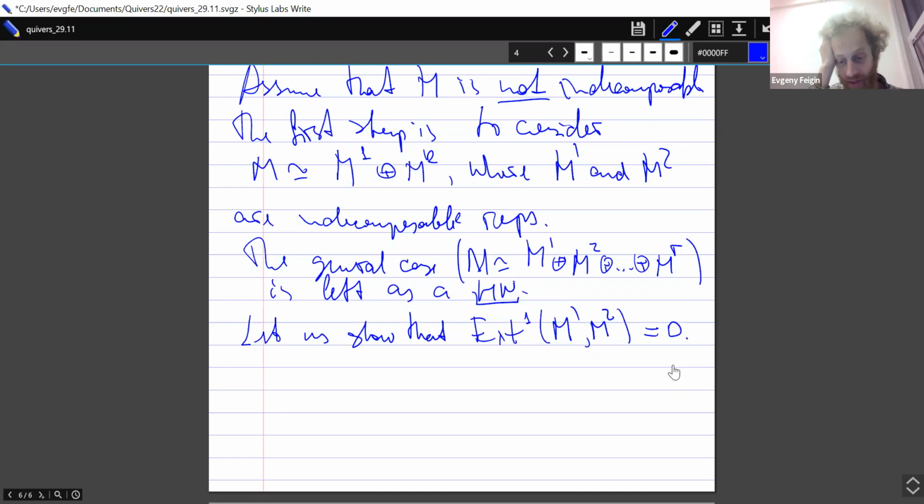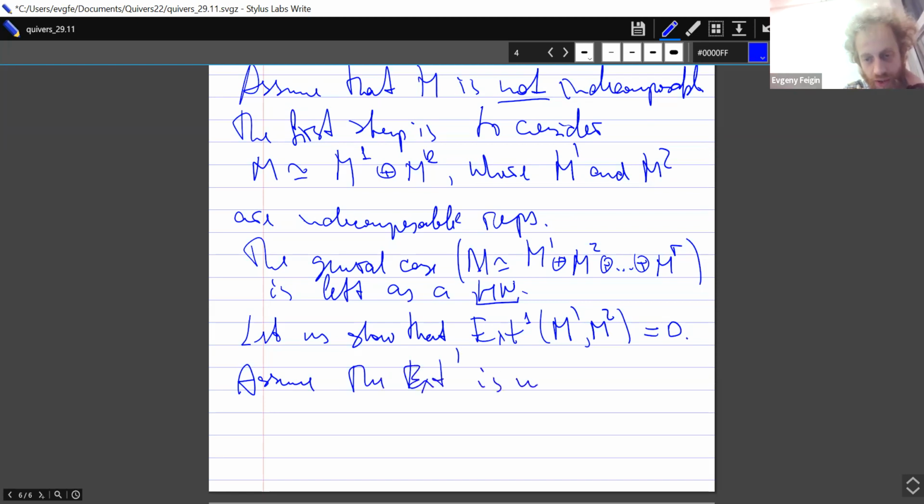So let's just try to find an argument. Assume that it's not 0. Then what does it mean? That the Ext group is non-zero, non-trivial. We have a non-split exact sequence. Indeed, assume the Ext^1 is non-trivial.